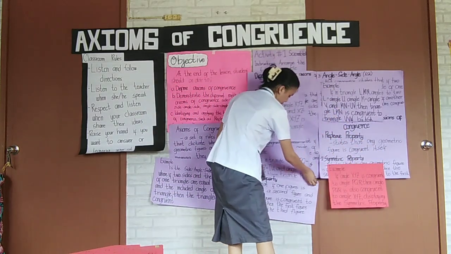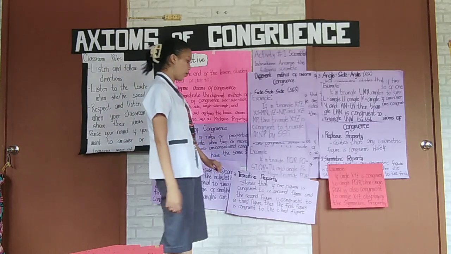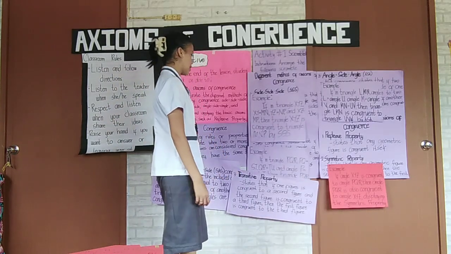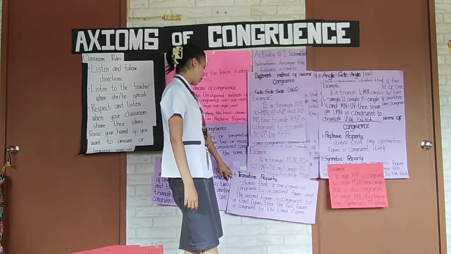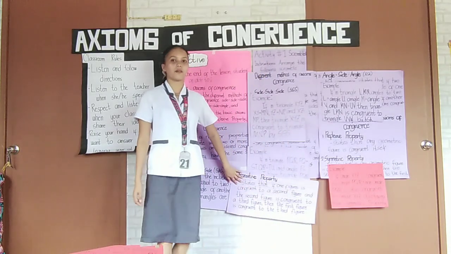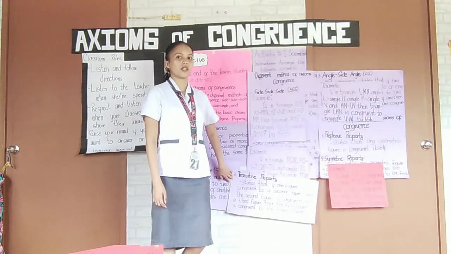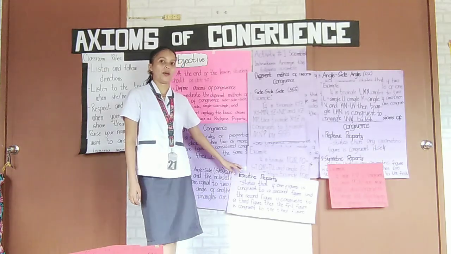So transitive property states that if one figure is congruent to a second figure and the second figure is congruent to a third figure, then the first figure is congruent to the third figure. So it allows for establishing indirect congruence between figures by forming a chain of congruence.